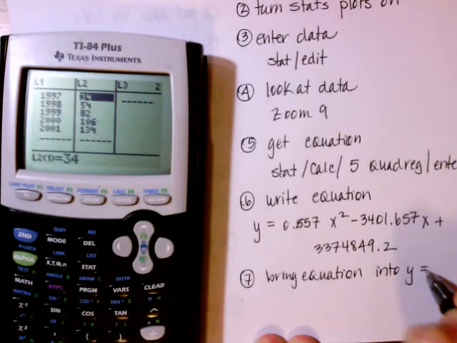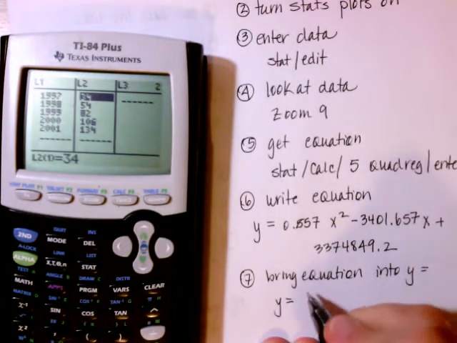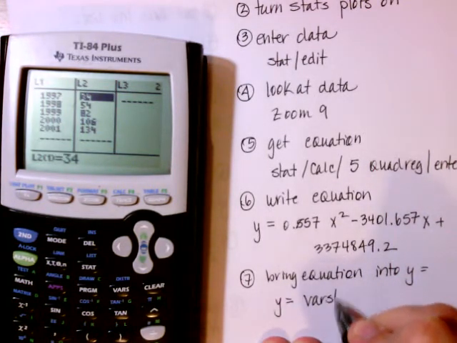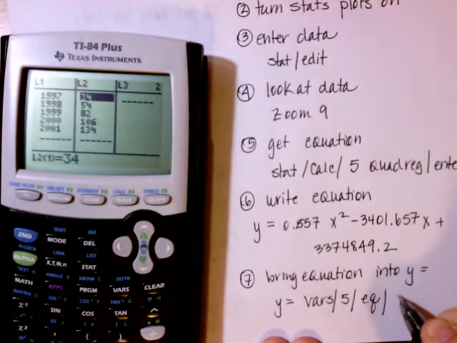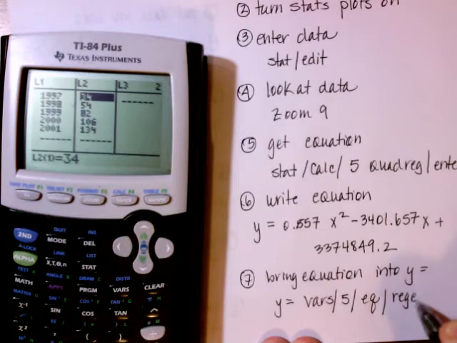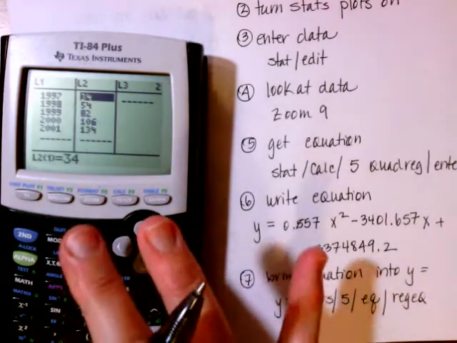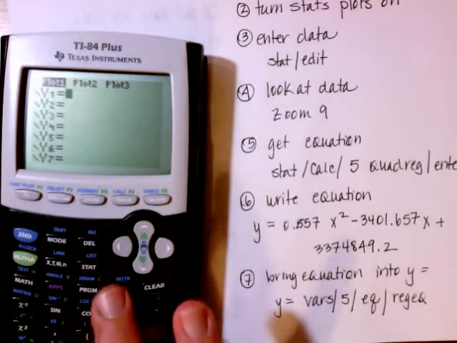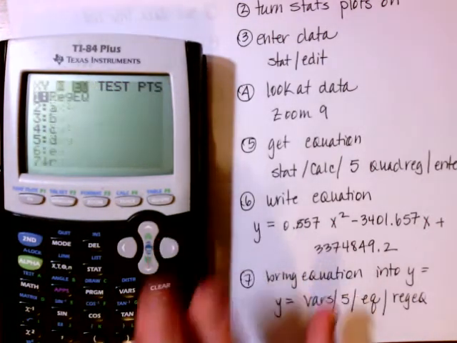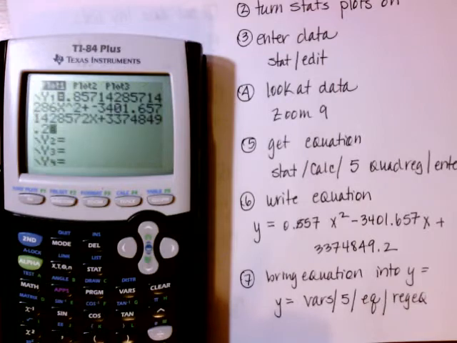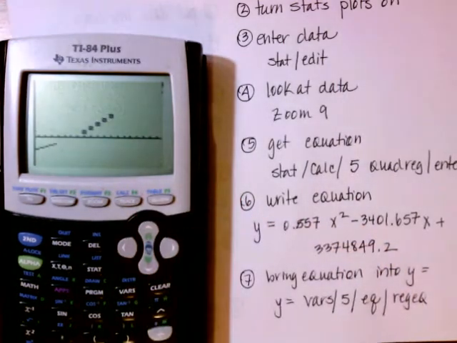So I'm going to do y equals, then I'm going to do variables, 5 for statistics, EQ for equation, and then regression equation, and enter. So there's my y equals, there's variables, 5 for statistics, equation, enter, and then I'm going to graph.